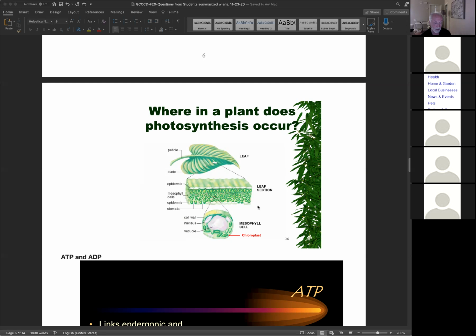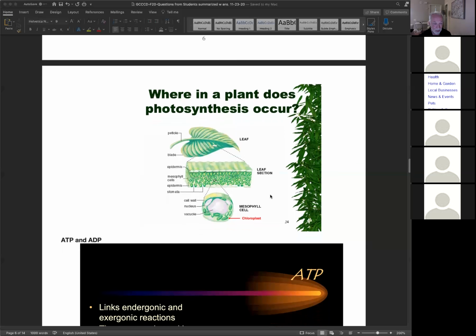If it's wet, they do the opposite. They open, let moisture out. And of course, they need to let out carbon dioxide as respiration occurs. And respiration occurs both, and this is important, respiration occurs in the chloroplast as well as in the mitochondria.